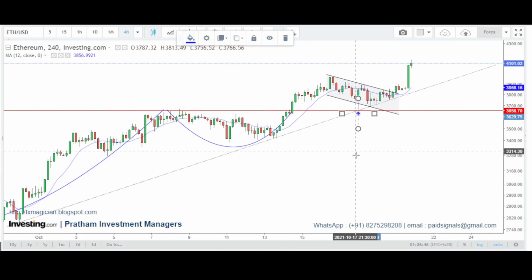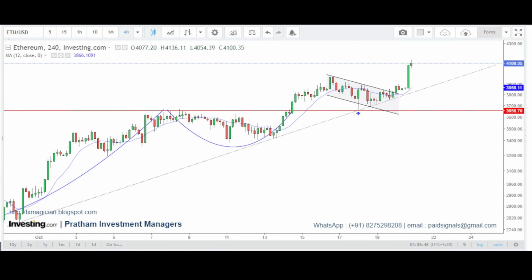These 2 times price came down, tried to break the neckline area, but was resisted and pushed higher.